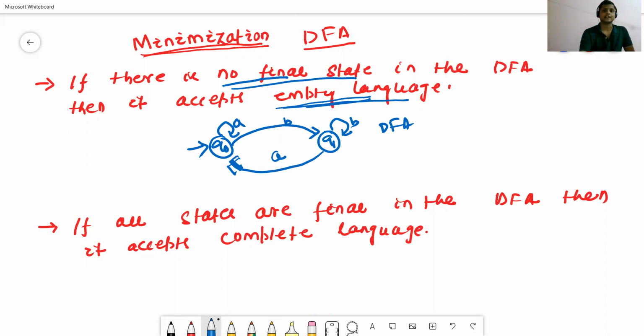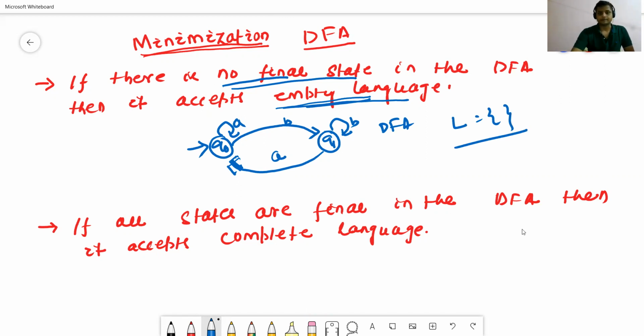So this DFA accepts only the empty language. The language is L equal to the empty set. Hope all of you understand the meaning of this point: if there is no final state in the DFA, then it accepts the empty language.